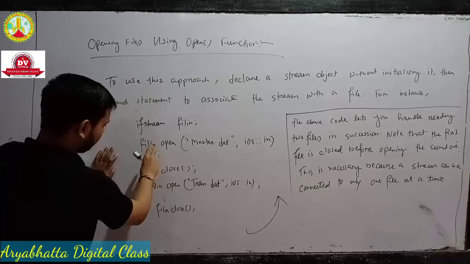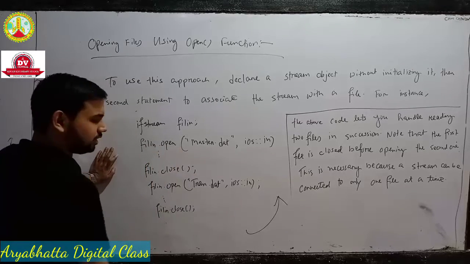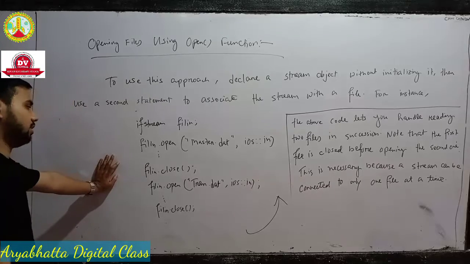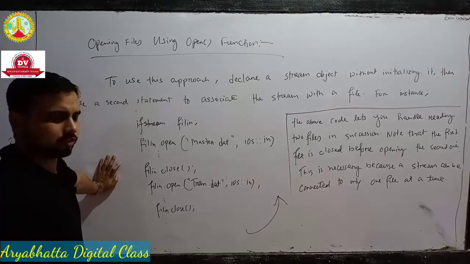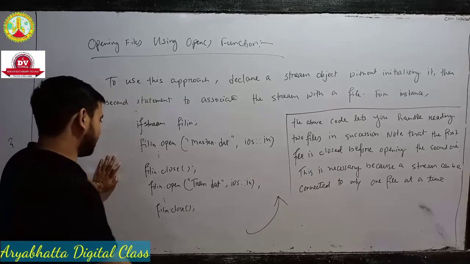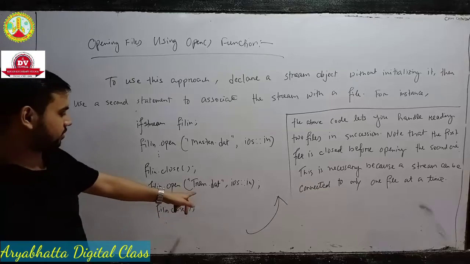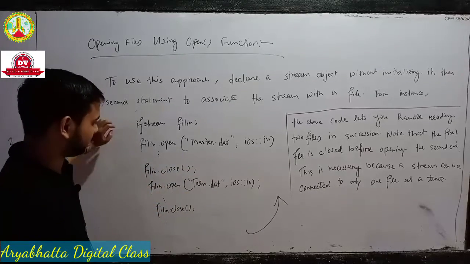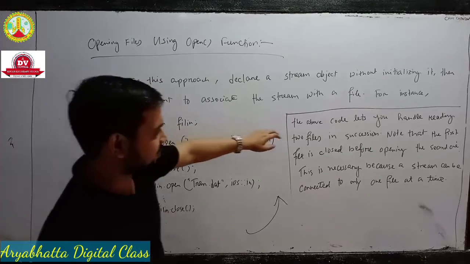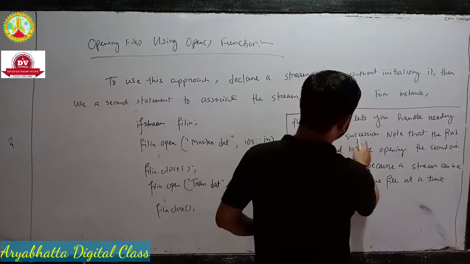There are some lines in between, which means when we open a file, we must close the file. And how do we close the file? We close the file by using the close function. There are two files here, master.dat and tran.dat, which are also data files. The above code lets you handle reading two files in succession.